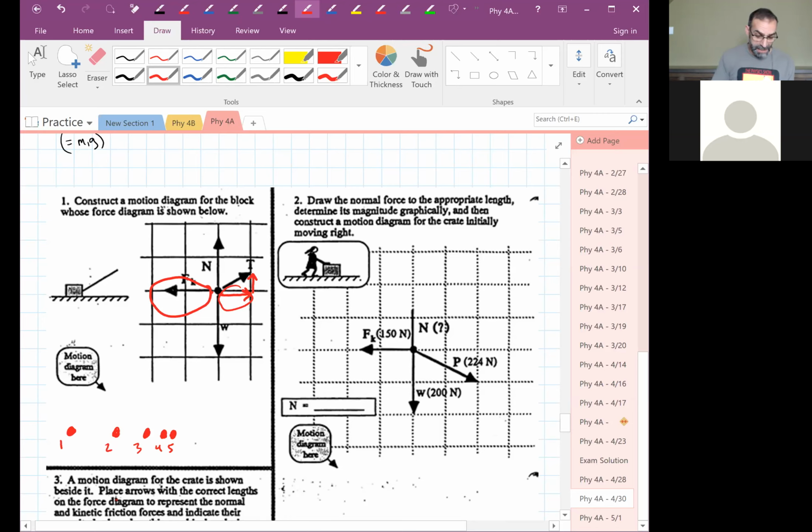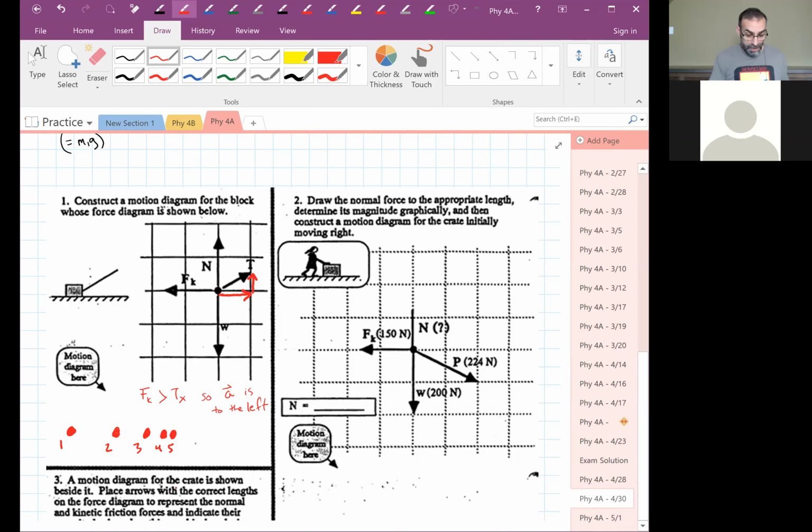Moving to the right and slowing down. The net force is to the left, but the box is moving to the right.